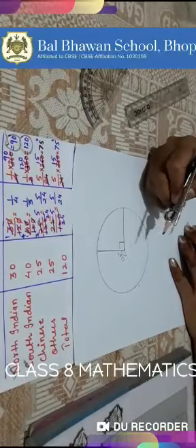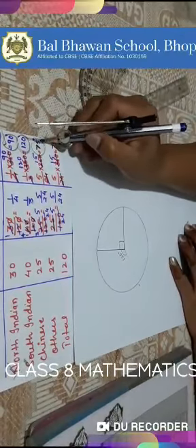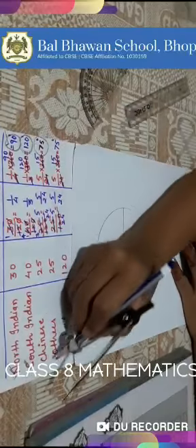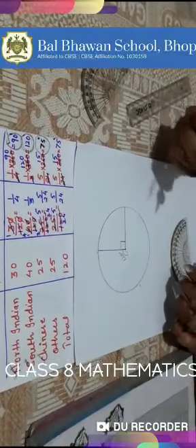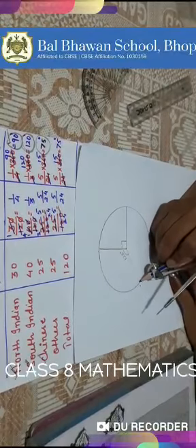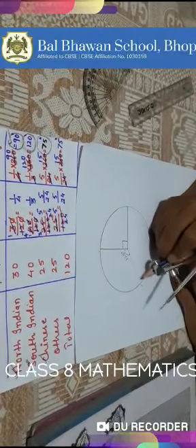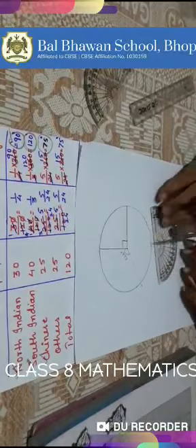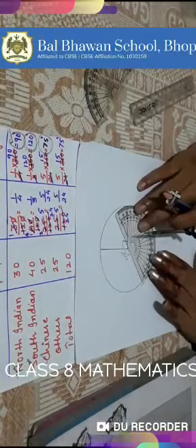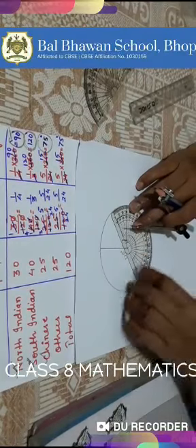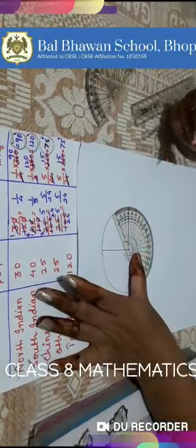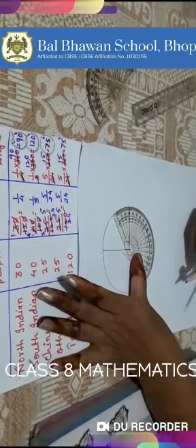Now like this, we will draw the third central angle, 75 degrees, which is for Chinese food. How to draw 75? Again, we will use this base, and the line of the protractor and this base should overlap. And children, 75 degrees is an acute angle, so it should be before 90.